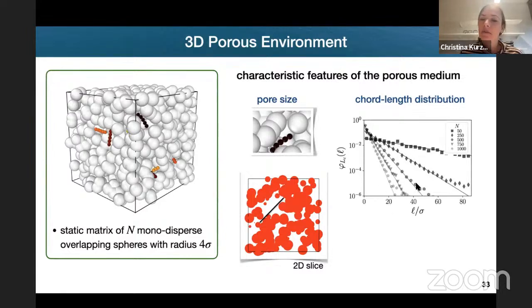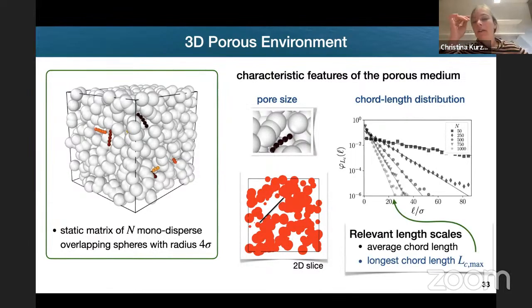These chord length distributions can be measured by taking 2D slices of your environment, placing straight paths on the slices, and measuring the distribution of those straight paths. The relevant length scale you can get from such a distribution is the average chord length, or you can think about it in terms of the longest chord length, and that's something I'd like you to remember.